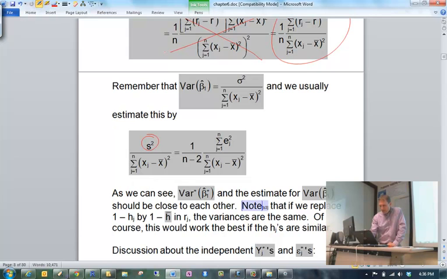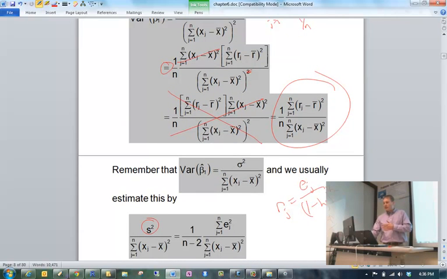Simply, remember these rj are the residuals divided by the square root of 1 minus h sub j. Replace each of these h sub j with h bar, let's say. So notice now you don't have to worry about that j. You don't have to worry about them changing at all. And if you do that, you get this variance here to be exactly the same as this variance here.